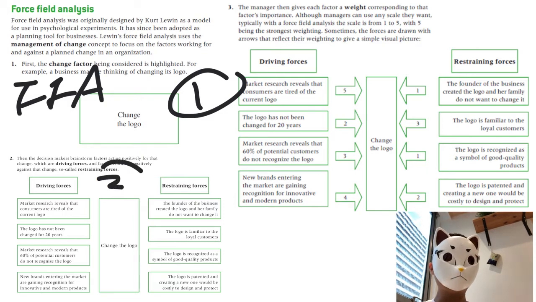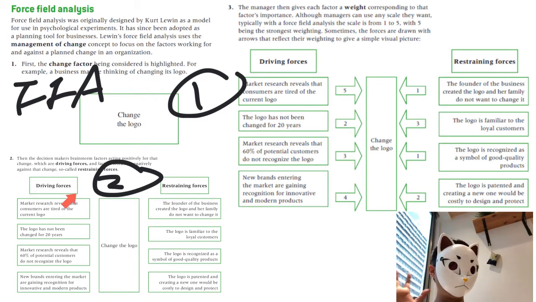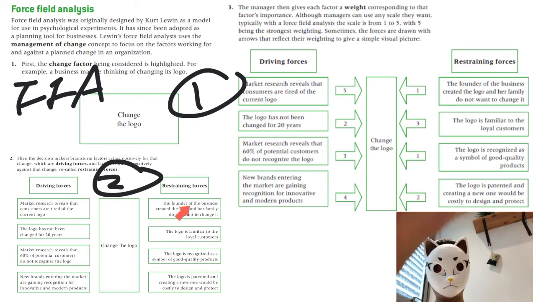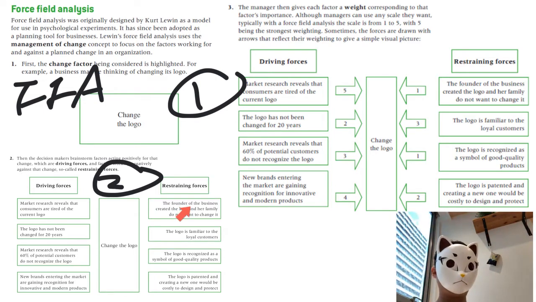Step number 2, you have to define what the driving forces are and what the restraining forces are. That means what the pushing factors are and what the barriers are, the factors that are not letting you do so. Candidates often can complete these 2 steps. However, they often omit the last step.